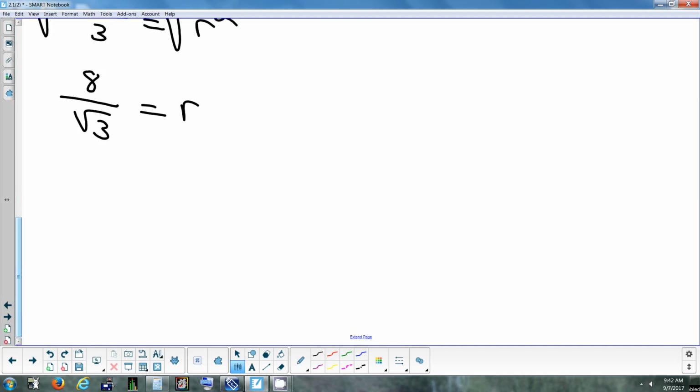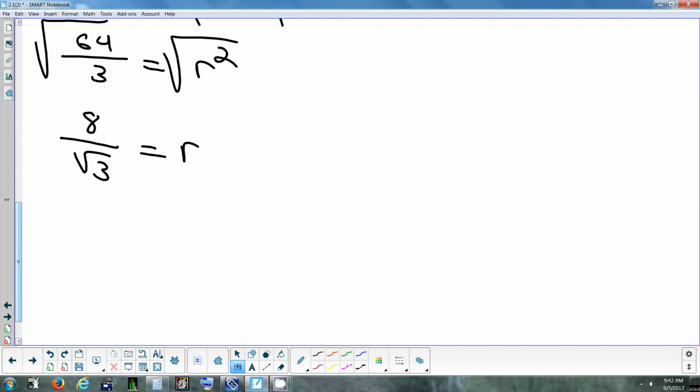I haven't talked about this yet. So you're not supposed to have a square root on the bottom. Yeah, we're not supposed to leave a square root in the bottom. So do you know how to fix that? Yep. You're going to multiply the top and the bottom by square root of 3.